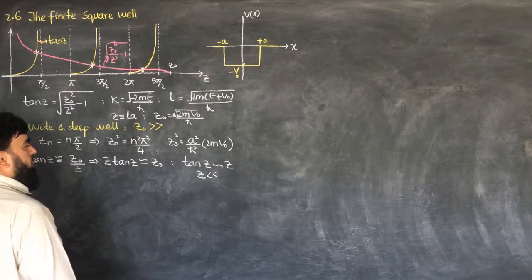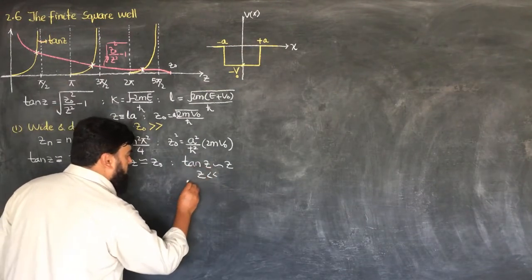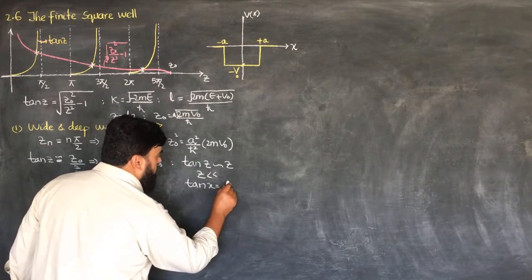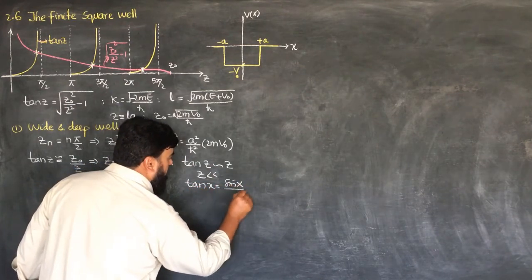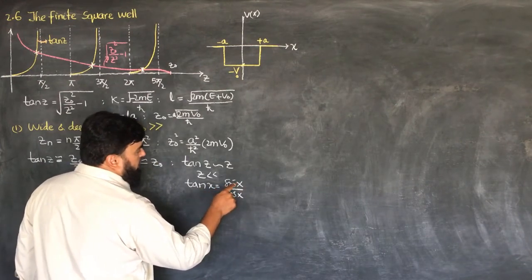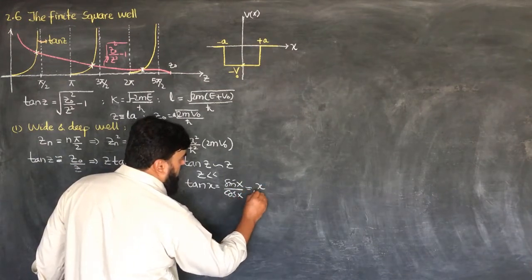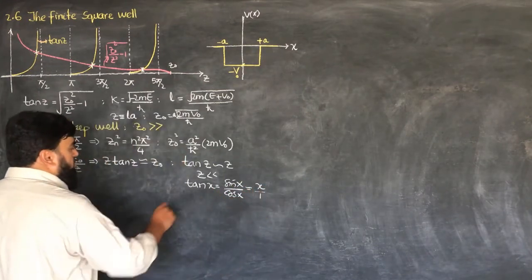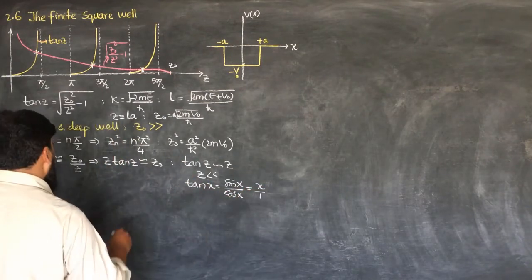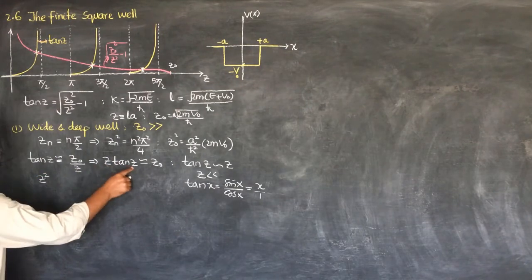We know that tangent x is equal to sine x by cos x. If x is very small, then sine x goes to approximately x and cos x goes to 1. So tangent x goes to x for small x, and I can approximate this.